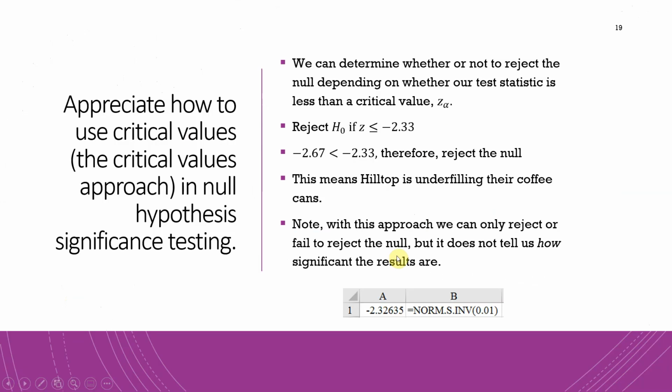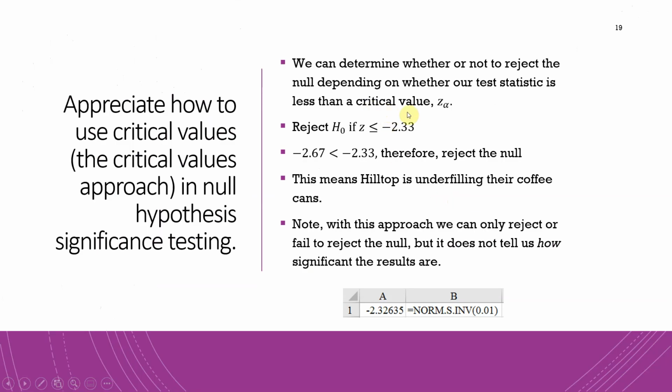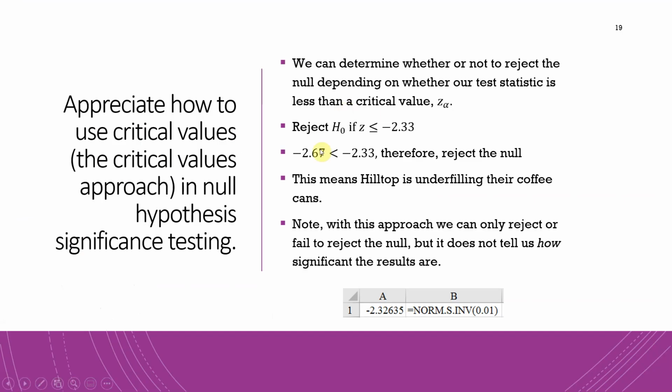With our first approach, we have our test statistic that we calculated, and we need to compare that to a critical value to determine whether to reject the null or not. To calculate the critical value, we go to Excel and type in NORM.S.INV. We plug in our probability, and it will give us our critical value that we compare it to. Because ours is smaller than this value, we reject the null.